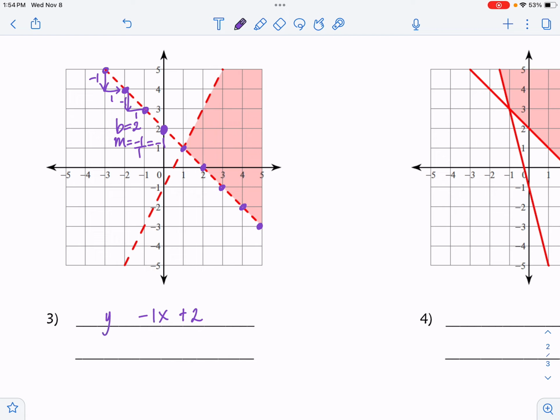And then to decide which inequality you want to use, go to the edge of the shaded region and draw arrows pointing to the shaded region. Because these are pointing up, it's above, and so we know we want the greater than. We're going to put the greater than, but no line underneath it because it's dotted.